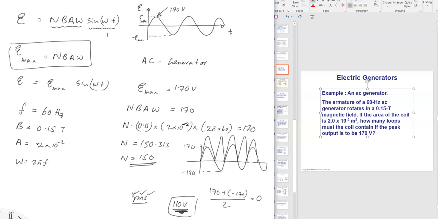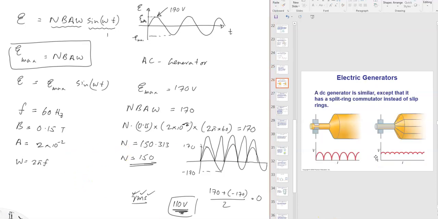So the idea is this voltage oscillates back and forth between these two peak values. We take an average and RMS value, and that's what we say the voltage is. In reality, it goes back and forth like this. Okay, so that's the answer to the problem. Let's move on.